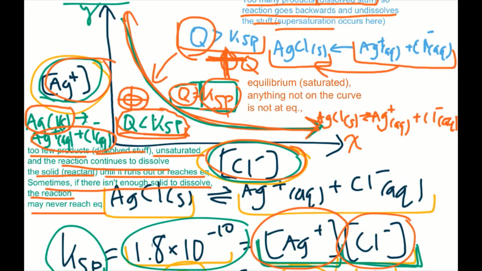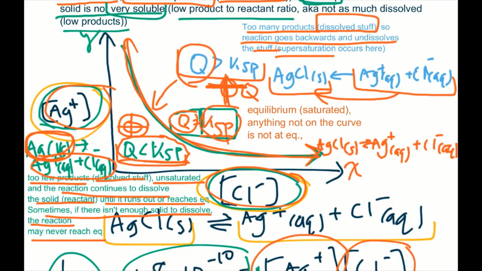But if you happen to have more silver chloride, then you can keep on dissolving silver chloride until you reach equilibrium. So as you dissolve silver chloride, our silver concentration and our chloride concentration will increase. And for every one that the chloride increases, silver will increase by 1 as well, since when silver chloride dissociates, it dissociates in a 1-to-1 ratio.